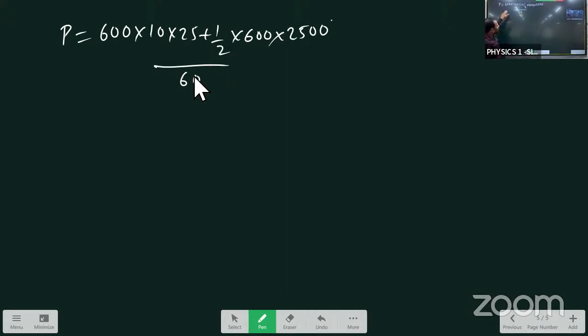Students, for simple calculation, take 600 common. 25 into 10 is 250, with 600 common.